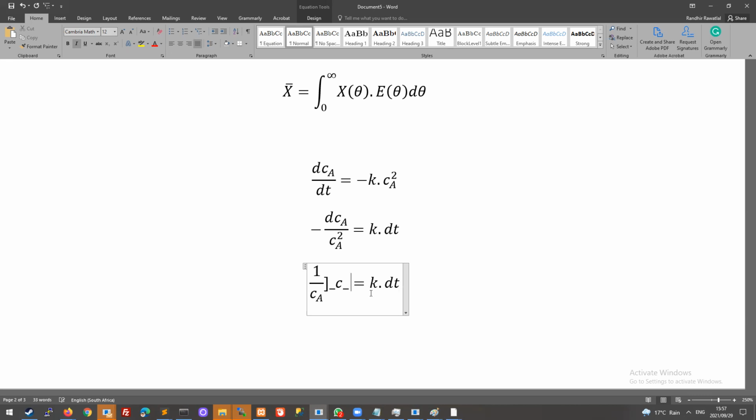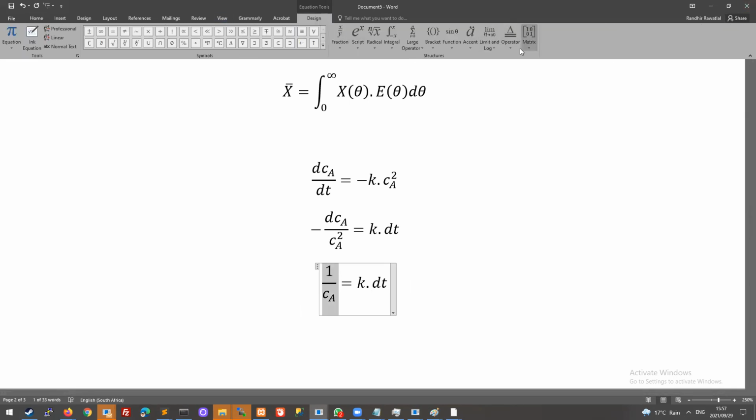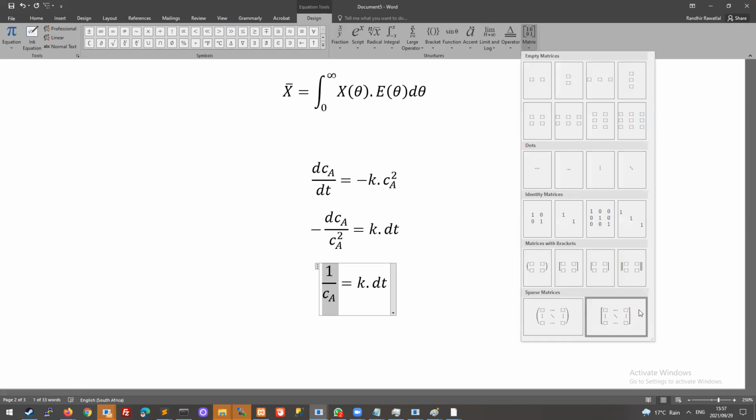Tech is letting me down here. Okay, let's do some. Okay, so yeah, we'll have to do it like this. I always try to avoid using this, picking through this menu.